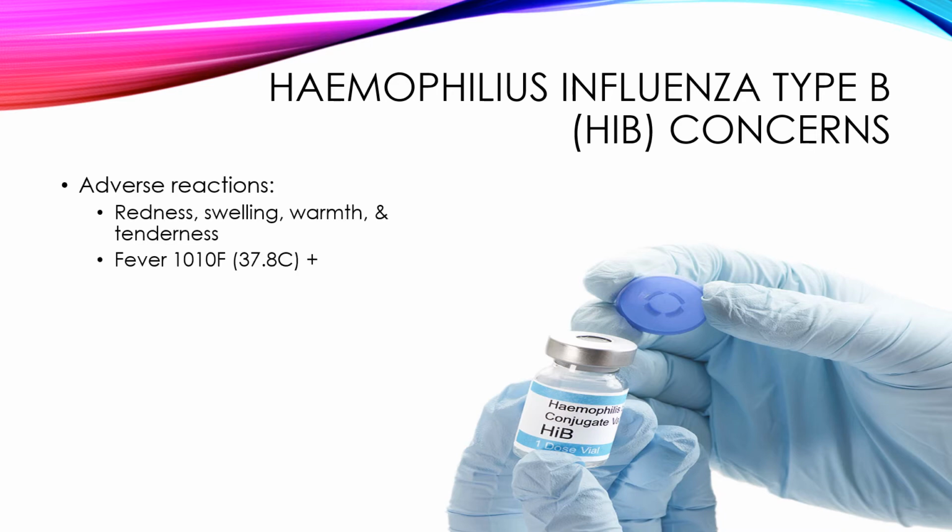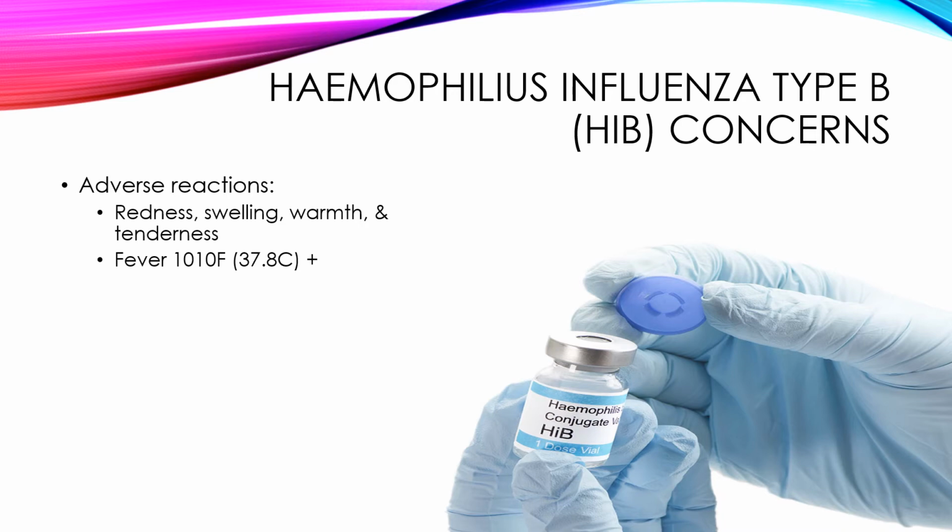HIB, Haemophilus influenzae type B. Adverse reactions are going to include redness, swelling, warmth, and tenderness, and a 101.0 fever or higher. So you'll see that most of these are going to have redness, swelling, warmth, and tenderness to the site because you broke the skin barrier, right?